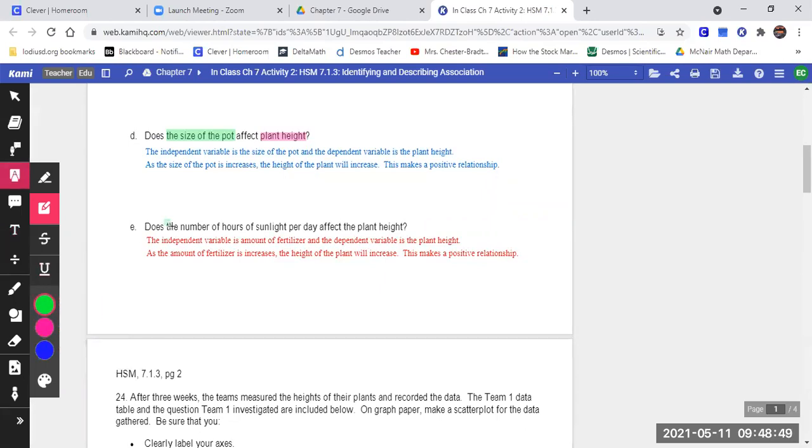First thing. Second thing. Which one do we have control over? Who's our independent?